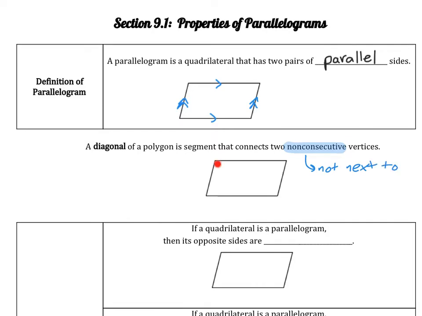For example, this angle and this angle are consecutive angles, so this would not work to make a diagonal. This would be one example of a diagonal, and this would be another. We're going to be coming back to different uses of our diagonals throughout this entire module.